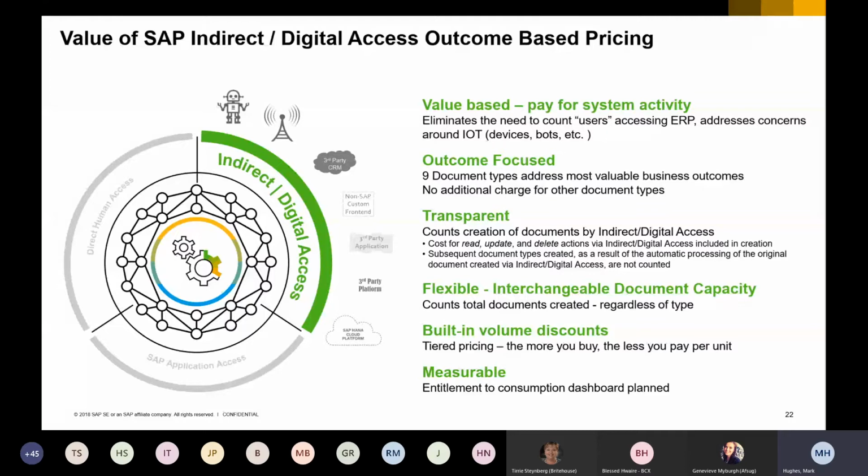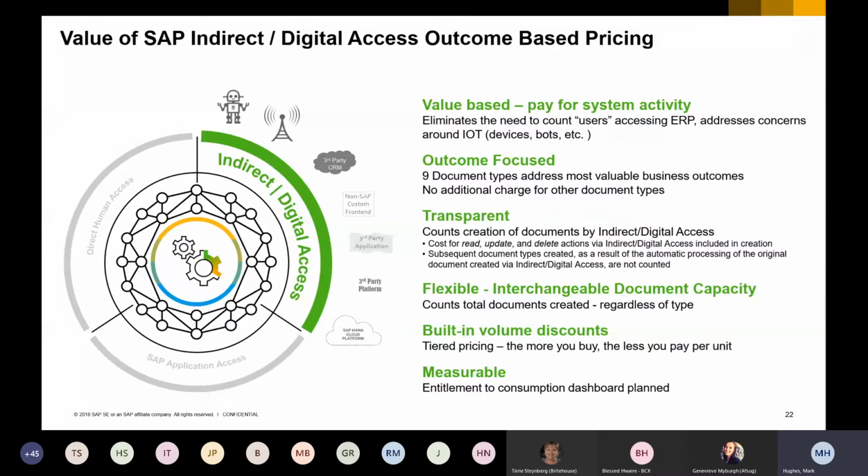It is a lot easier to keep track of. And just to highlight the second point here, subsequent document types created as a result of the automatic processing of the original document created indirectly are not counted.